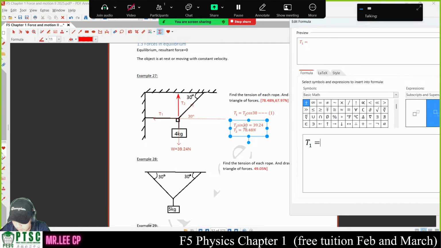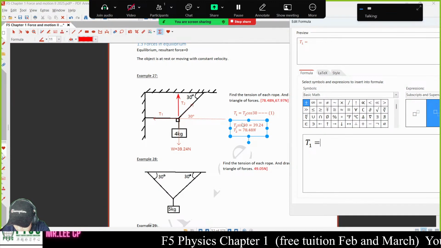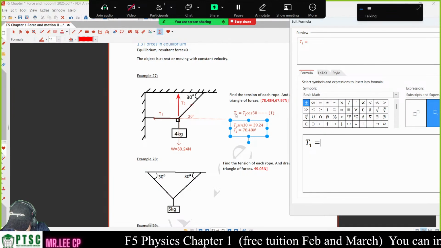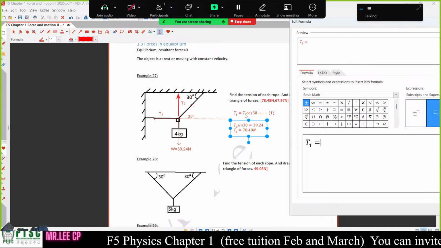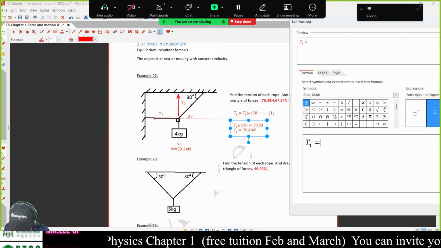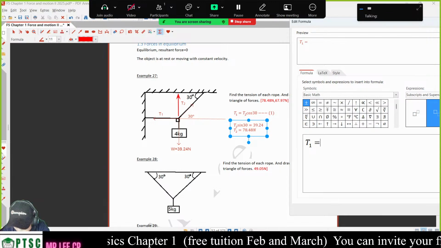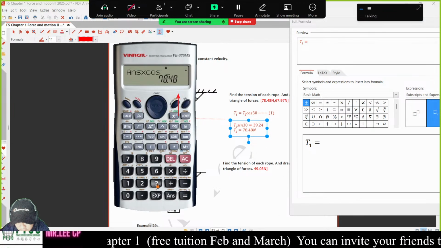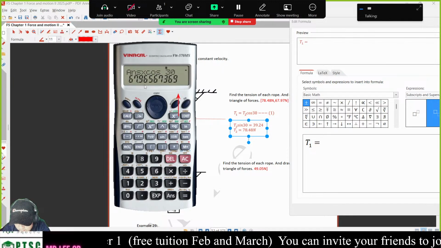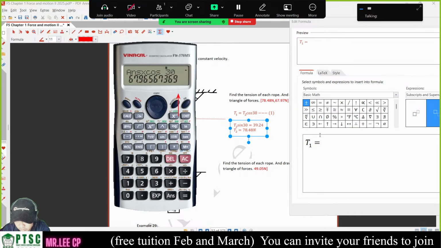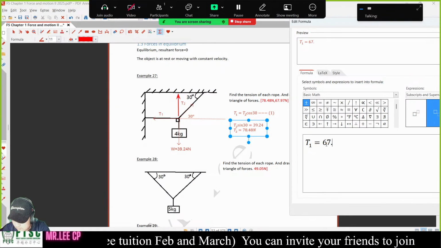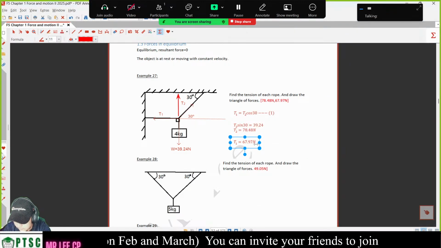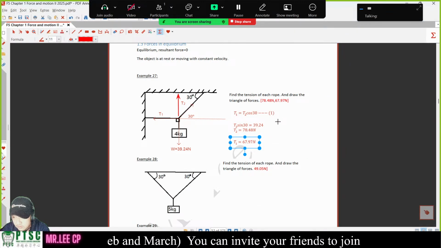T1 is T2 cos 30, so 78.48 times cos 30. Sorry, T2 is 78.48. So you get 67.97, unit Newton. So I found both.